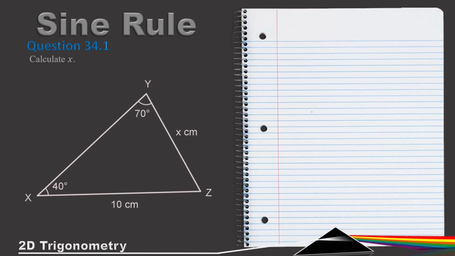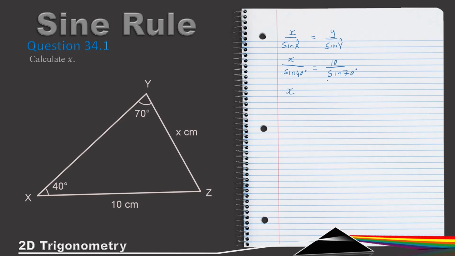Okay, now calculate x. So here we can see we've got the side over the angle, side over the angle. So x over sine of x is equal to y over sine of angle y. Substitute in the values. X over sine of 40 degrees is equal to 10 over sine of 70 degrees.